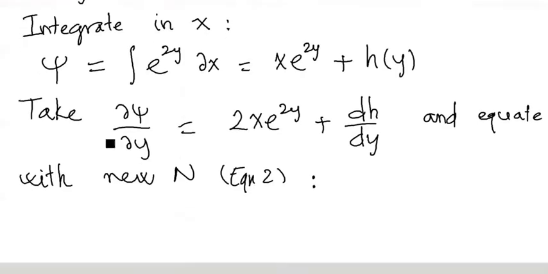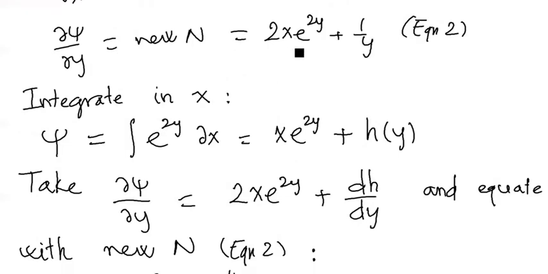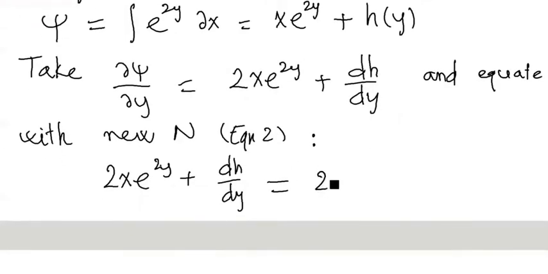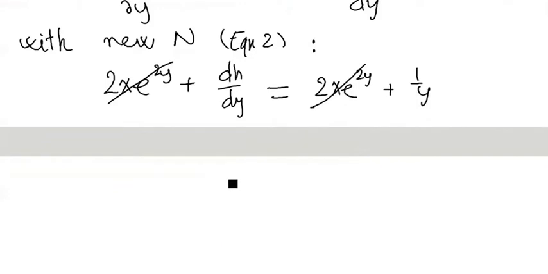So we will have 2x e to the 2y plus dh/dy equal to the new N from equation 2, which is 2x e to the 2y plus 1 over y. We see that these two things cancel out, and we get dh/dy equals 1 over y.